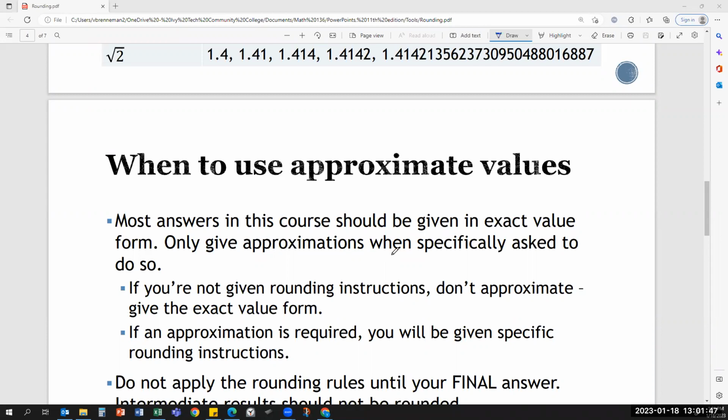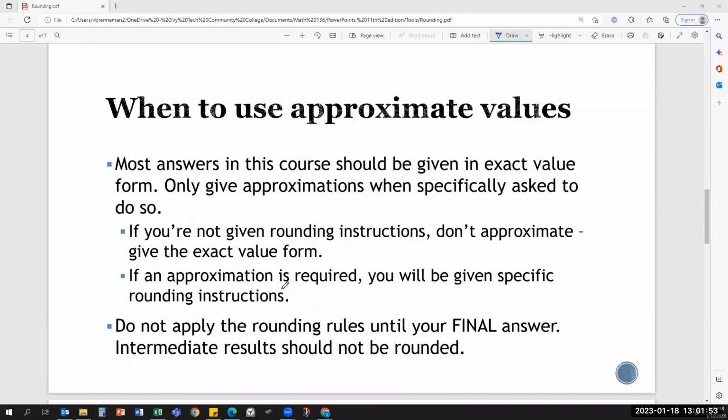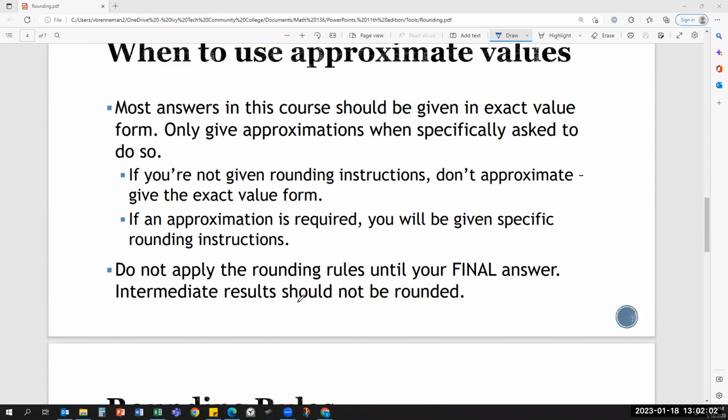When you are given rounding instructions, though, the important thing is that you know how to actually follow them so that you're rounding correctly, so that you don't get counted wrong because you didn't follow those rounding instructions. One thing to note is you don't apply the rounding rules until your final answer.